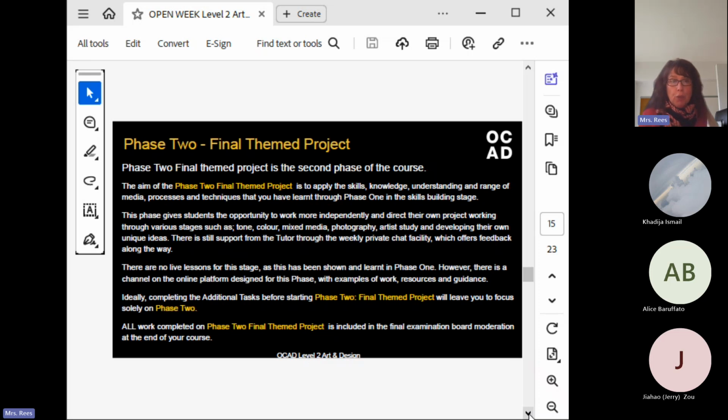So phase 2, this is to then think about expanding what you've learnt, applying what you've learnt so far. After phase 1, you'll know how to think about strong photographs to take for good compositions. You know how to use media. You know how to investigate artists.